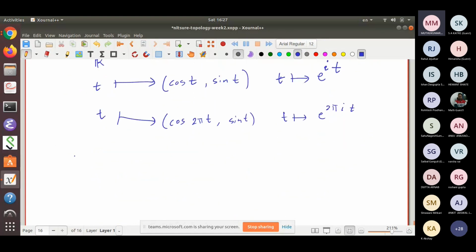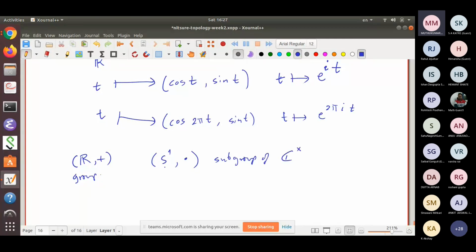Is it clear? So actually R plus is a group, and S1 with multiplication is a subgroup of C star.